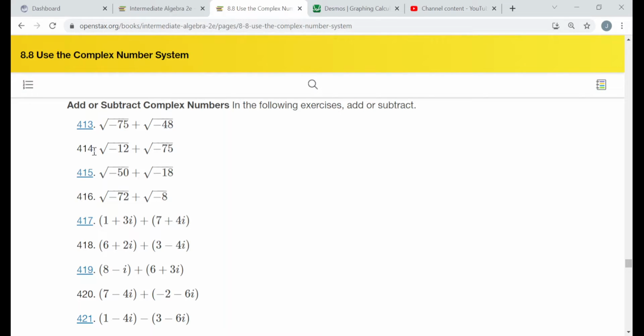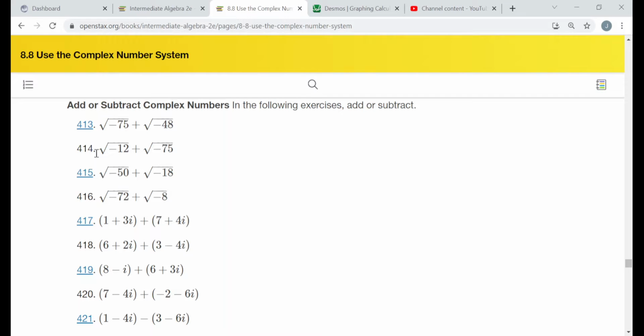I'm only going to be working on exercises that are even numbered, the ones that don't have solutions you can click on and see. The odd numbered problems have solutions in the text, but the even ones don't.